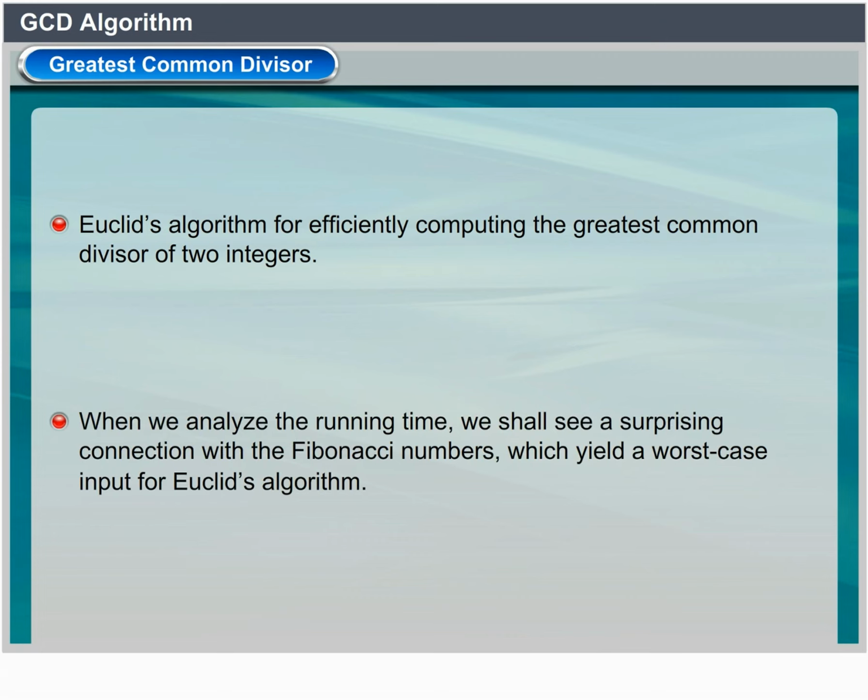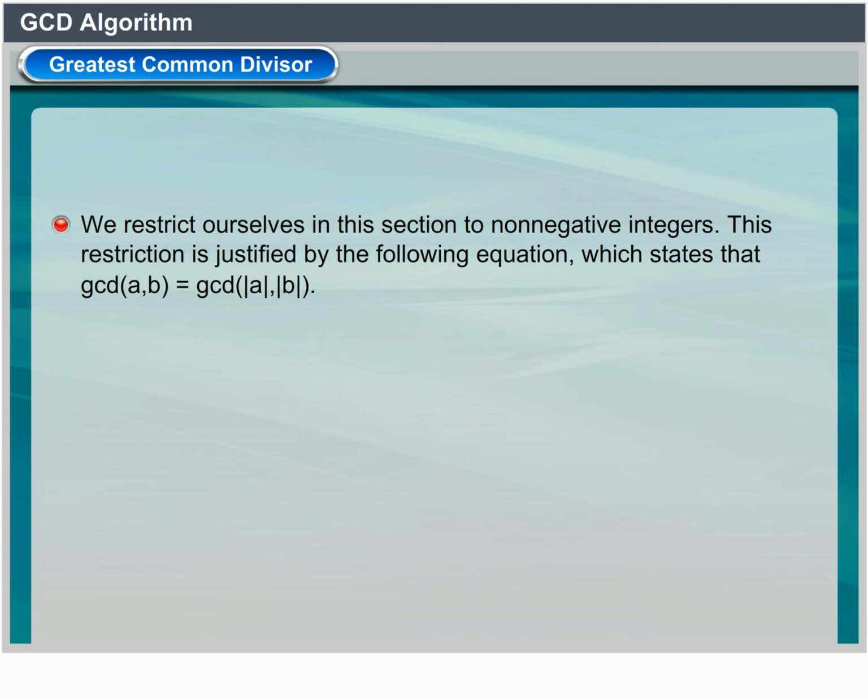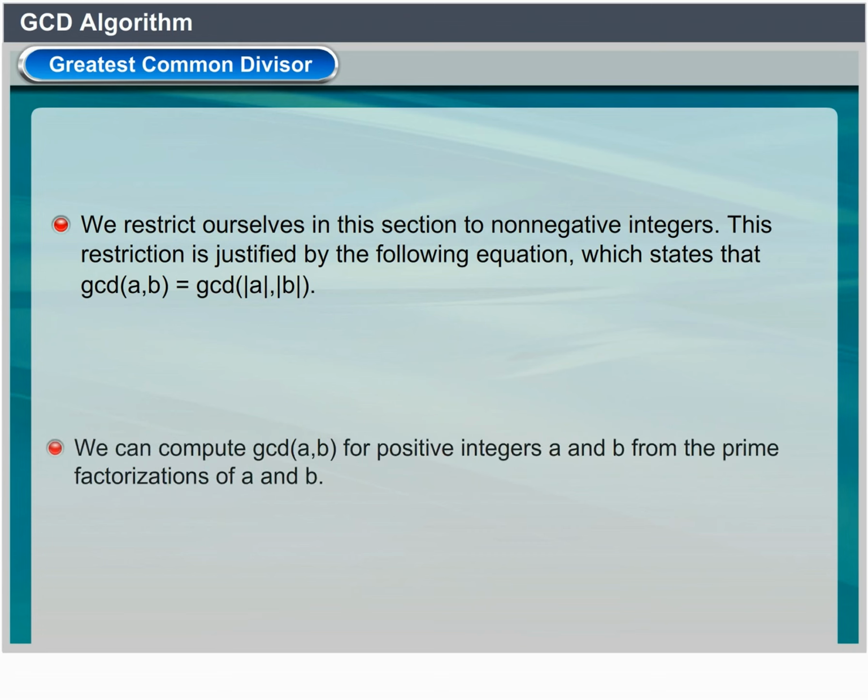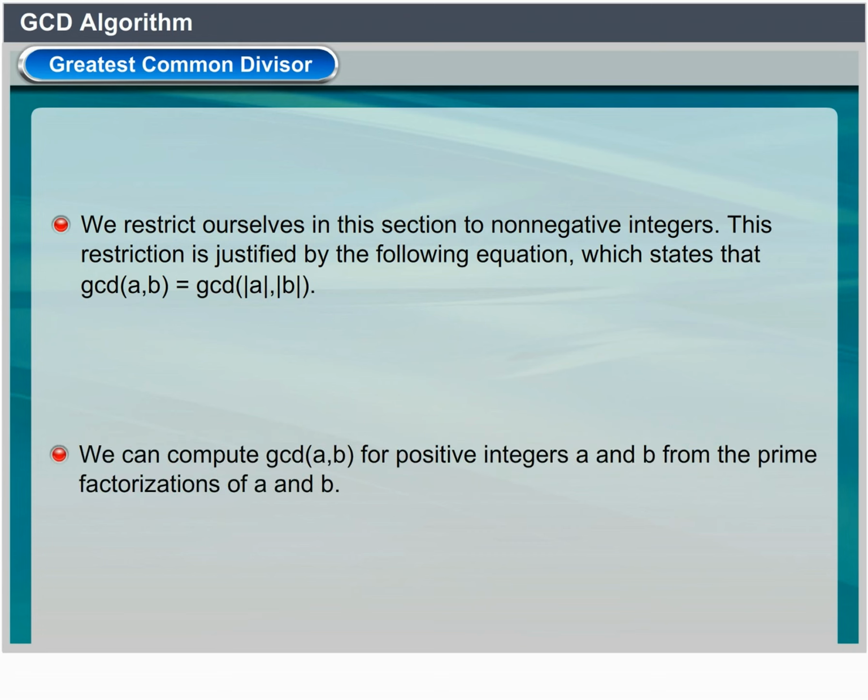We restrict ourselves in this section to non-negative integers. This restriction is justified by the following equation, which states that GCD of a, b equals GCD of modulus of a, modulus of b. We can compute GCD of a, b for positive integers a and b from the prime factorizations of a and b.